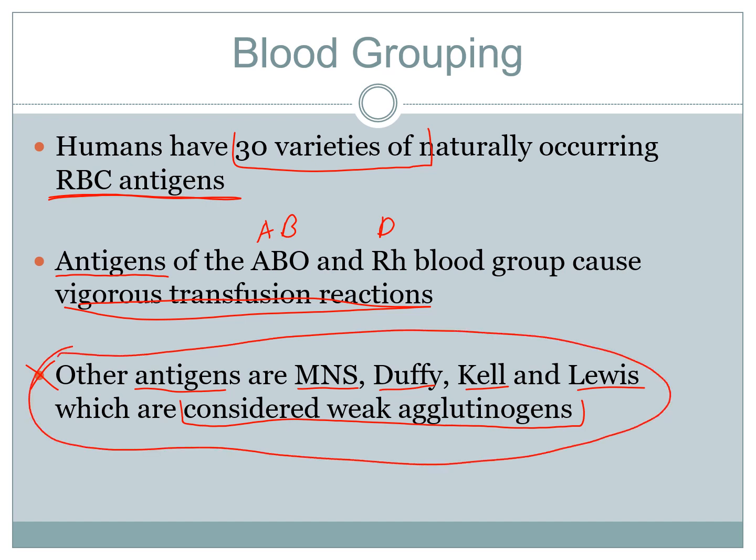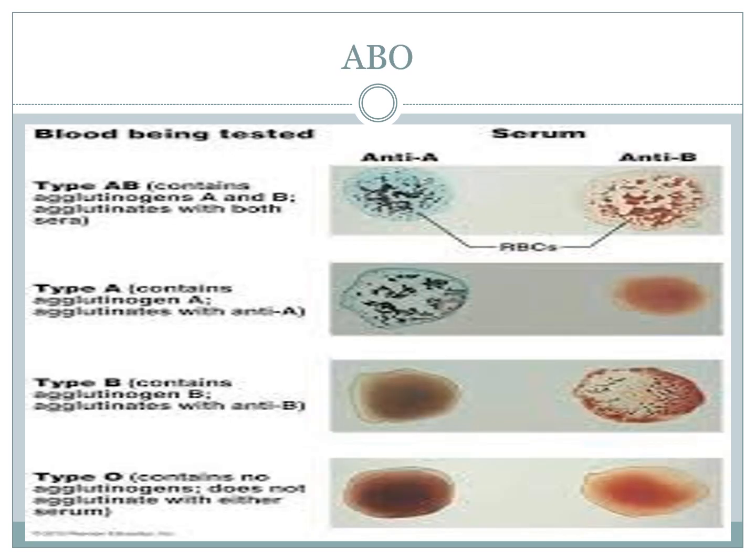Now, when we look at the blood groups themselves, if you look at AB, what that means is A and B don't have any anti-A and they don't have any anti-B antibodies within their system. Okay, so if we were to introduce those two antibodies to type AB, then we'll obviously get cellular agglutination.